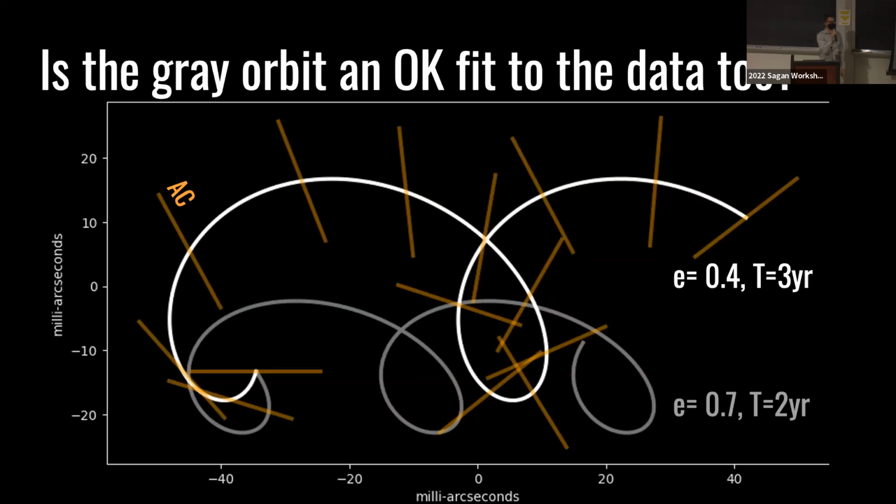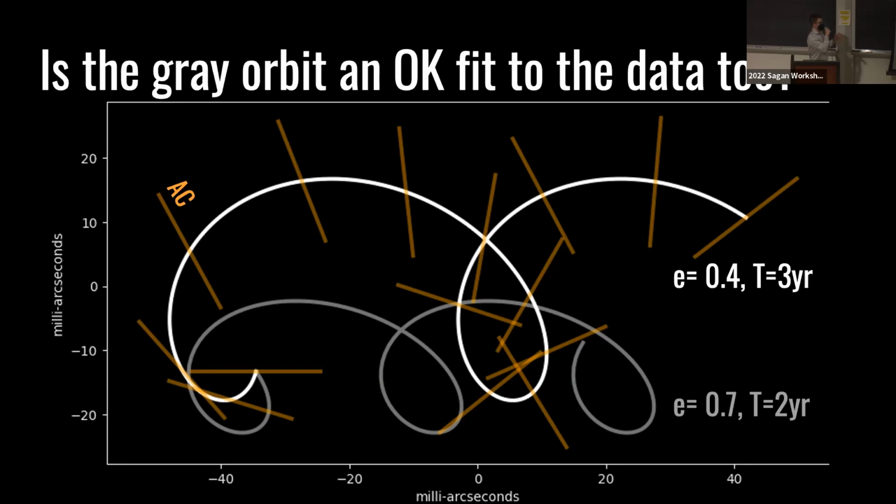Okay, so I'm going to ask a question here. I'm going to show a bunch of slides with trial orbits, and we're going to try to see if people can tease out which of these are the degenerate cases. So in white, we have, again, the best fit orbit the data were drawn from, which has an eccentricity of 0.4 and a period of 3 years.